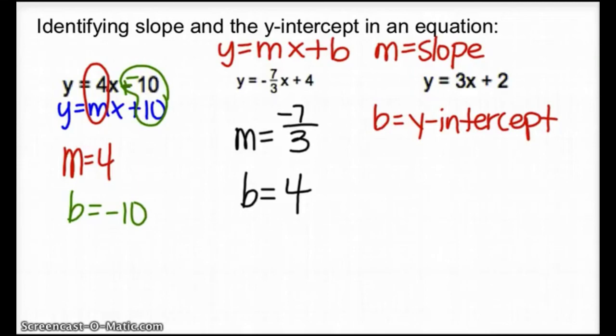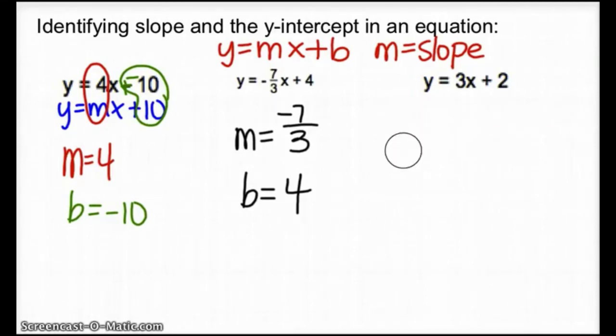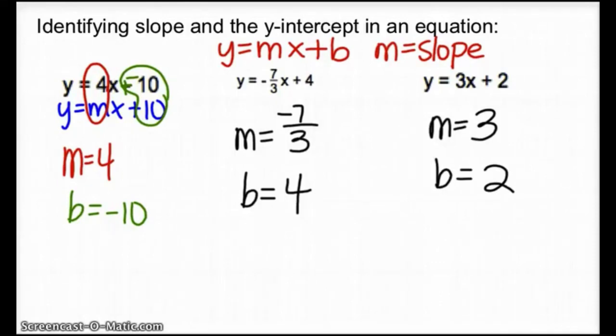It doesn't have a variable. My m is the coefficient, and my y-intercept is the constant. It's the number that's by itself.